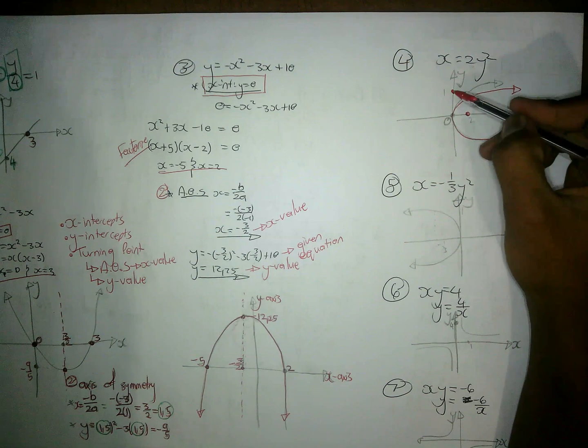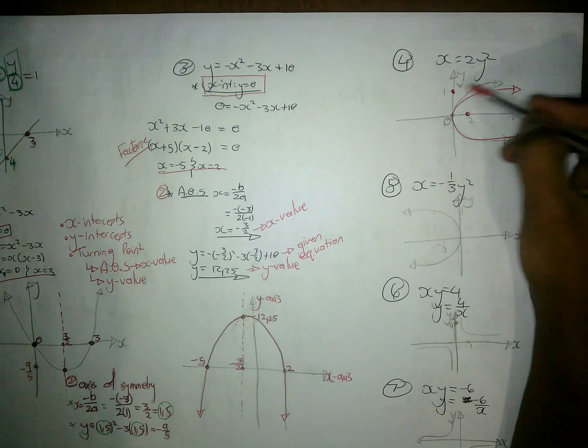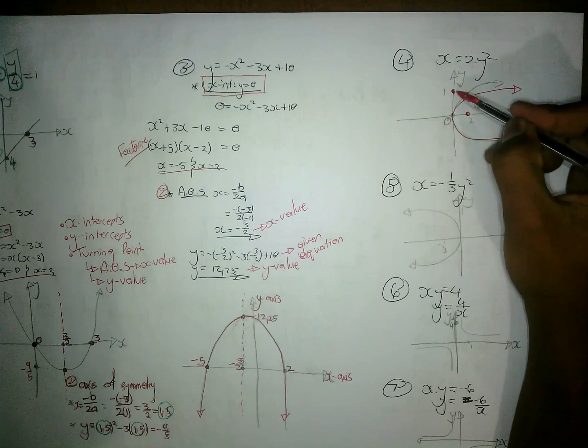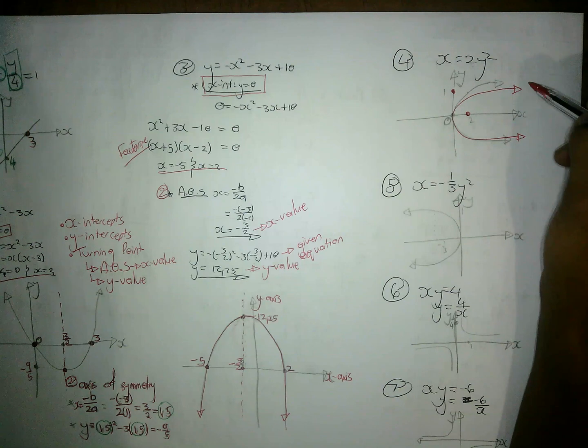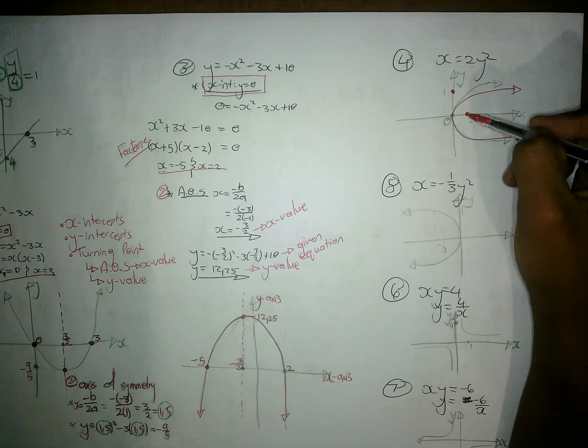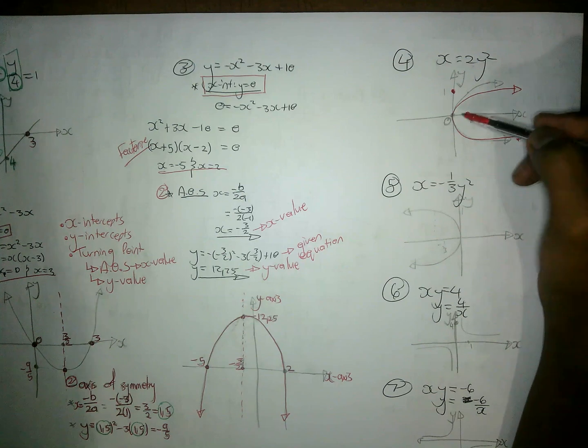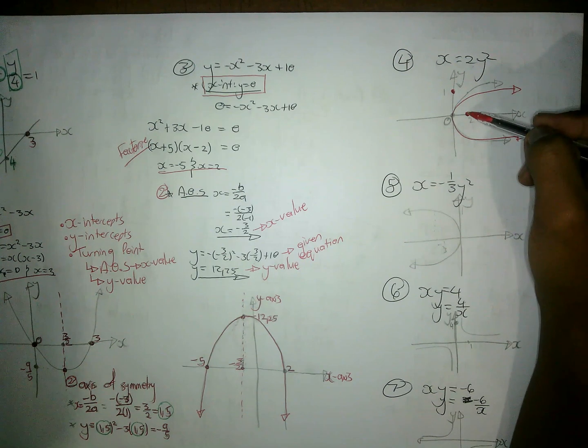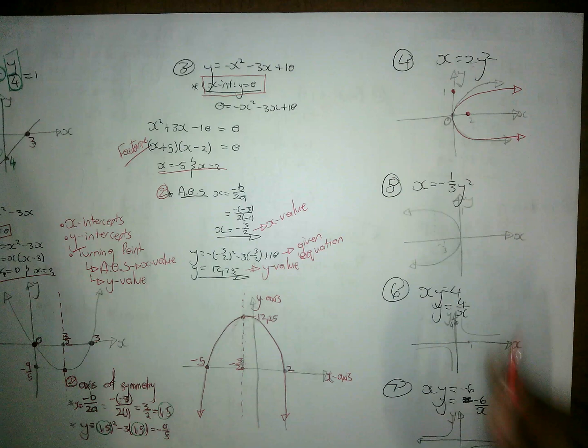Basically, this one is like a boundary line that this graph doesn't really pass. This just gives the shape. That's all it really does. It doesn't really do much.